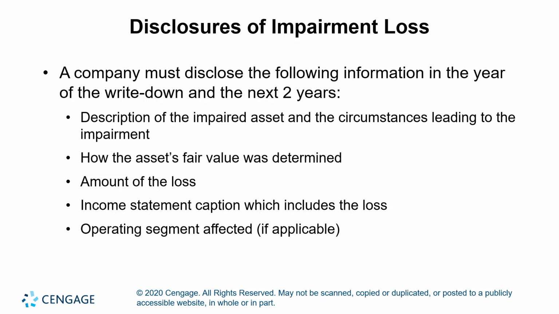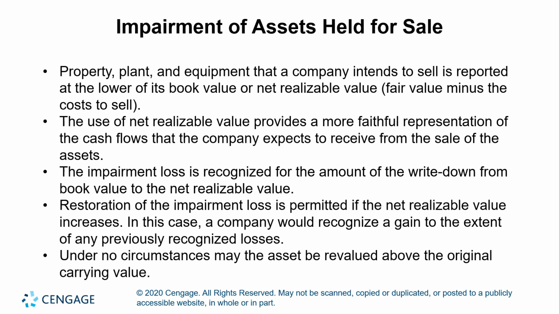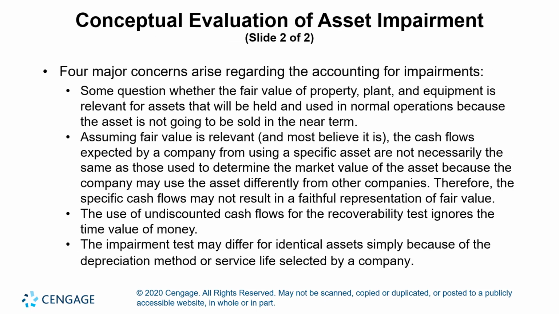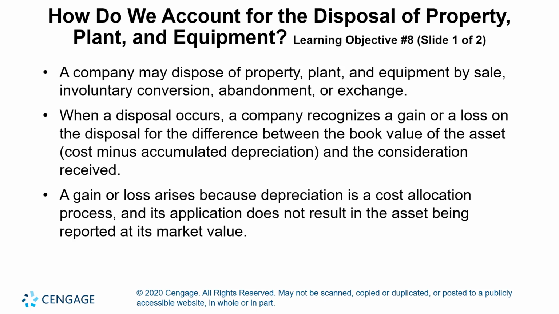Therefore, a gain or loss is considered a correction of income that has been recorded in the years the asset has been owned. The gain or loss on disposal is normally reported in the income statement as other income and expense. However, it could be reported as disposal of a component of a business unit if it meets the appropriate criteria.